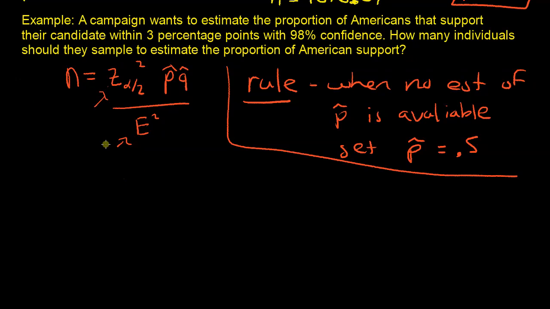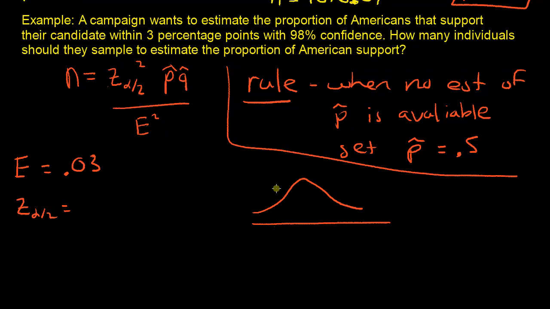All right. Okay, so let's go ahead and calculate this example. So first, E is still within 3 percentage points, so 0.03. Z alpha divided by 2. I'm going to go ahead and do this over here. All right, so I have 0.98 in the center, Z alpha divided by 2 over here, negative version over here, 0 in the center.